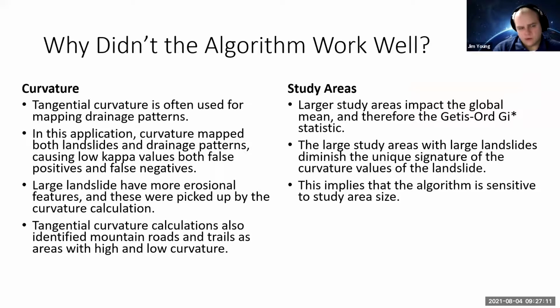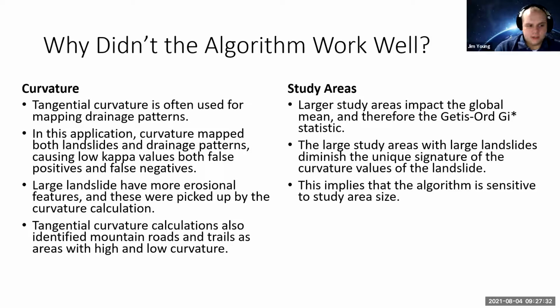So why didn't this algorithm work well? When it comes to curvature in that calculation, tangential curvature is often used for mapping drainage patterns. As you saw in those results and output images, the drainage patterns around the landslides were what was being mapped.